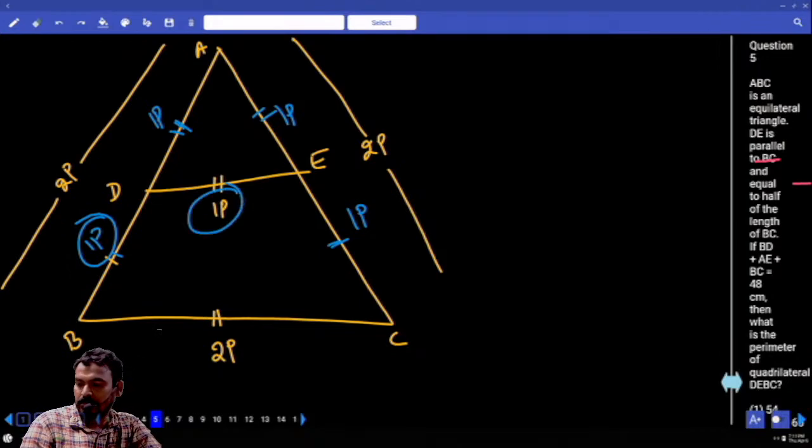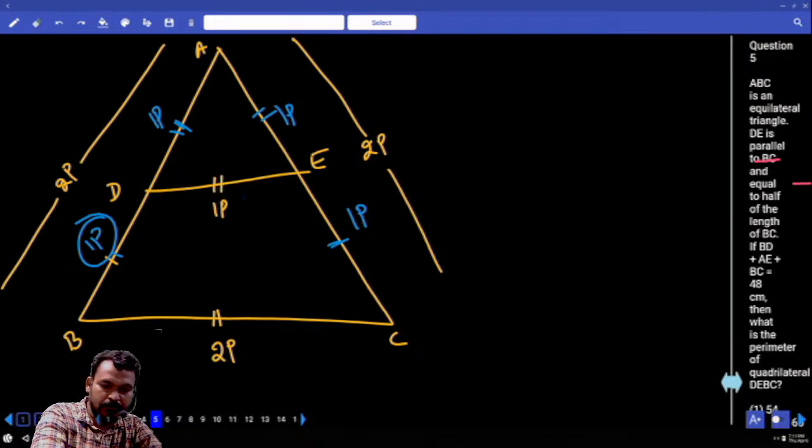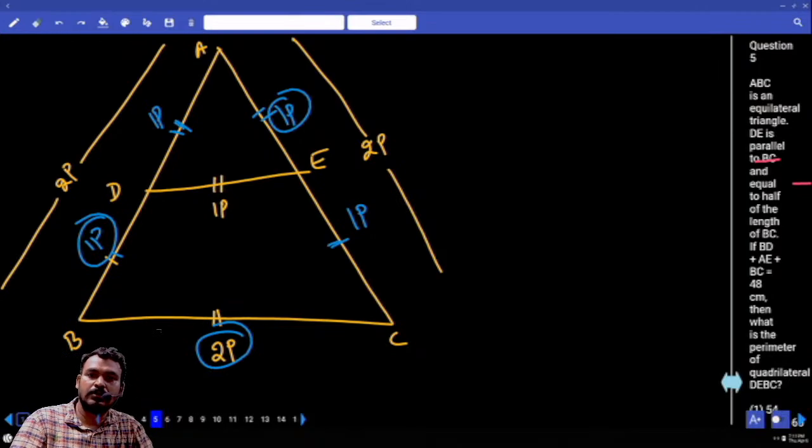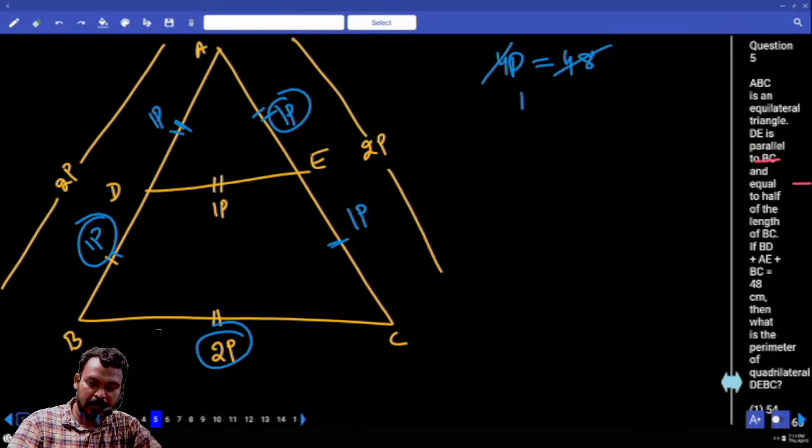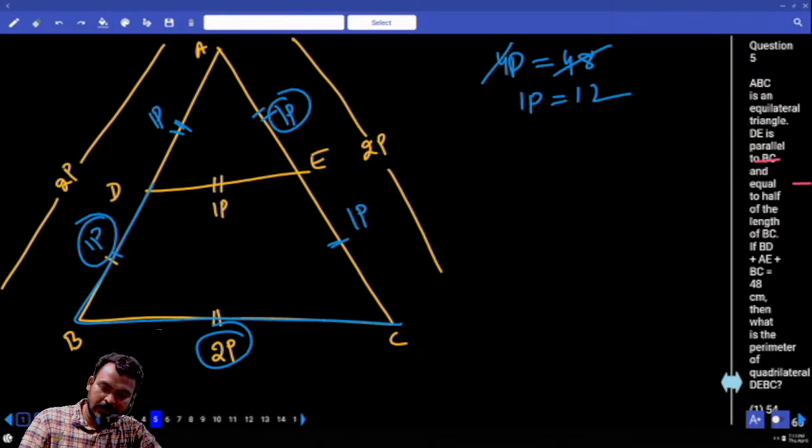AE value also, sorry, AE. What is the AE value? 1 part. Next BC value? 2 parts. Total it is 4 parts. What is the 4 parts value? 48. 4 parts are 48. What is the 1 part value? 12. We require the perimeter of this side, sir.